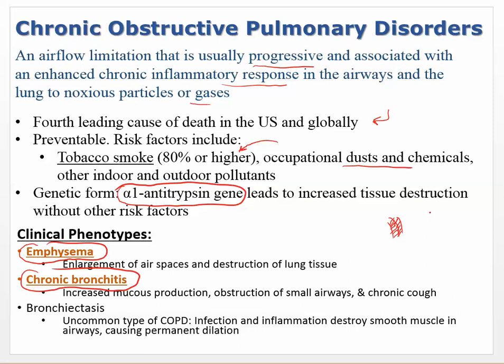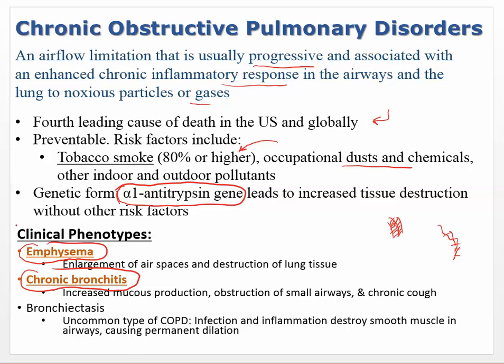Well, that's supposed to be stopped by something called antitrypsin, because if it's not stopped, then it can actually cause damage to the alveoli. And so a gene mutation in something called the alpha-1 antitrypsin gene means that when this protease is activated, this trypsin is activated, then there's nothing to really limit its damage, and so it's going to cause damage more.